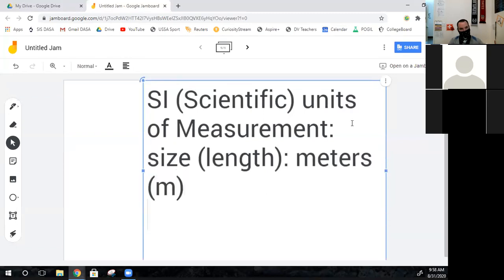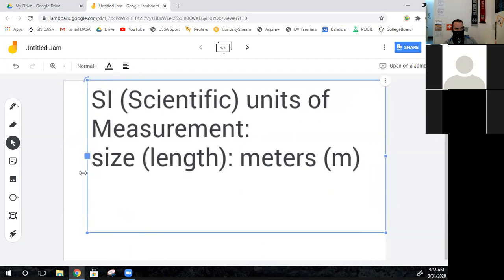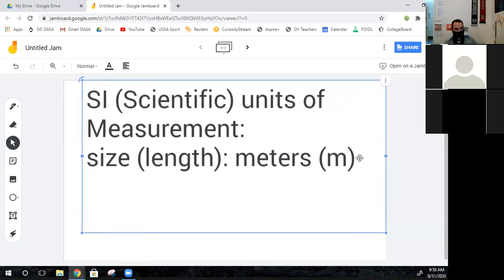Okay? We use the abbreviation M. Let me make this wider. I can't, that's better. Okay, size or length, we use meters. That is the abbreviation M. How big is a meter by show of hands? It's about this big.